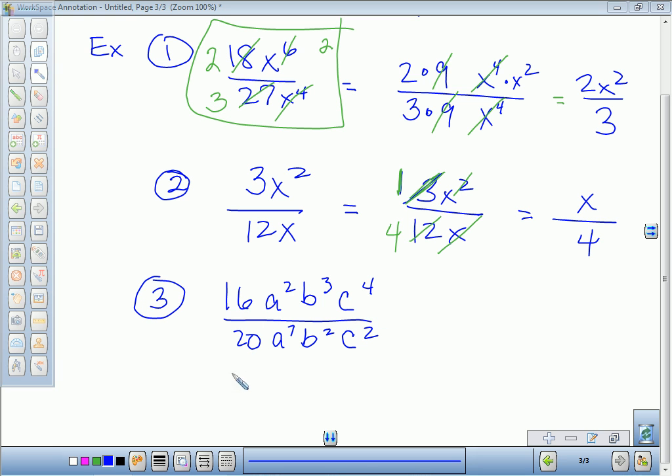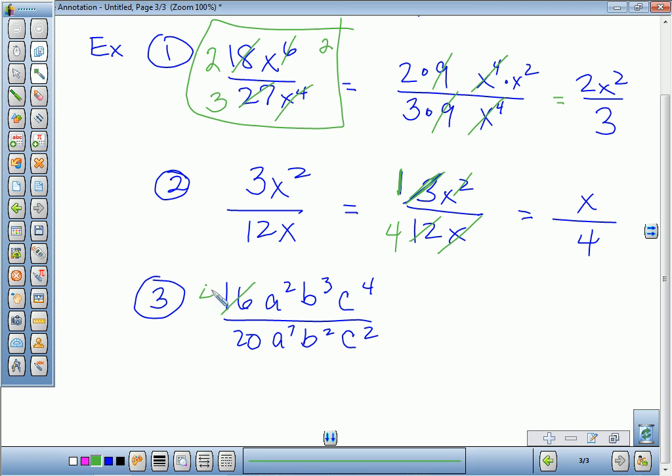All right, so what number divides into both 16 and 20? 4. So we're going to say 4 goes into 16 how many times? 4. And 4 goes into 20, 5.